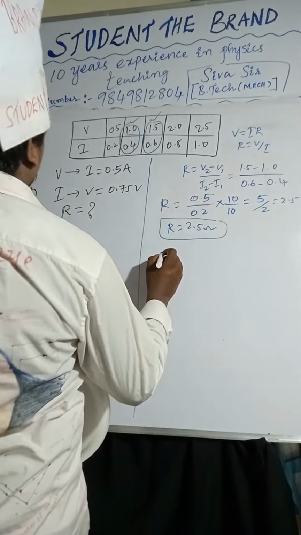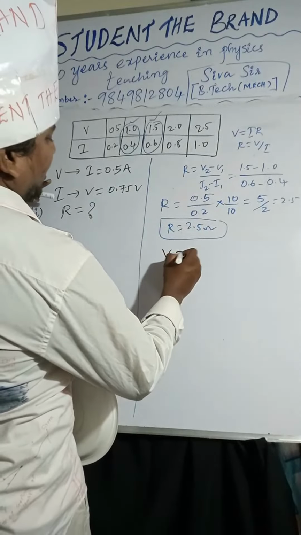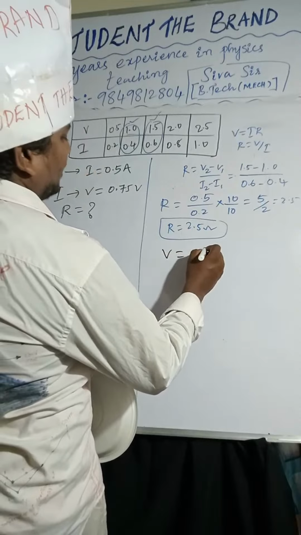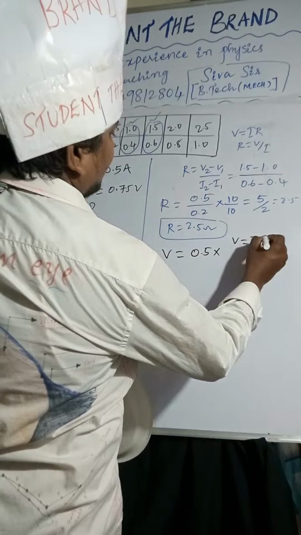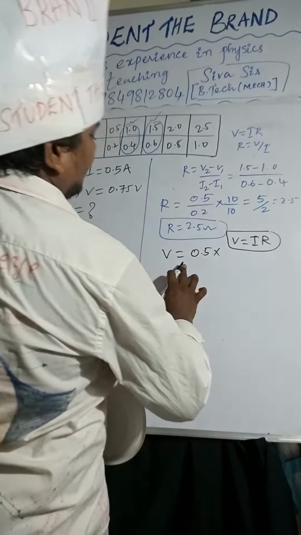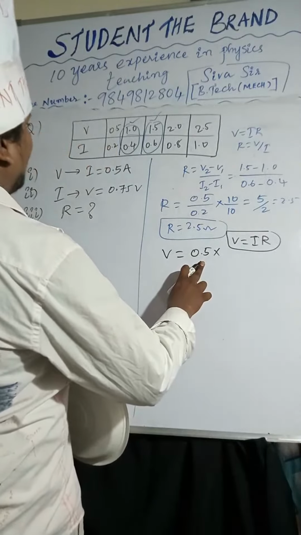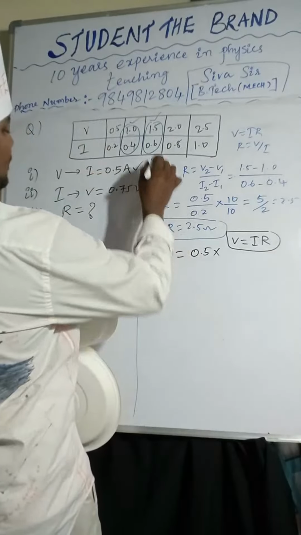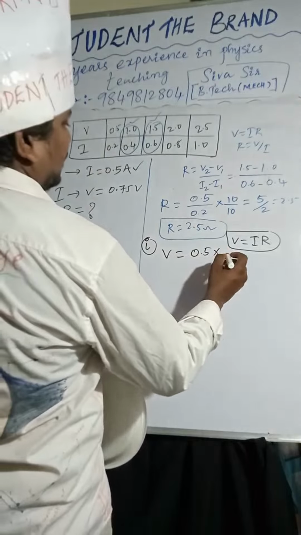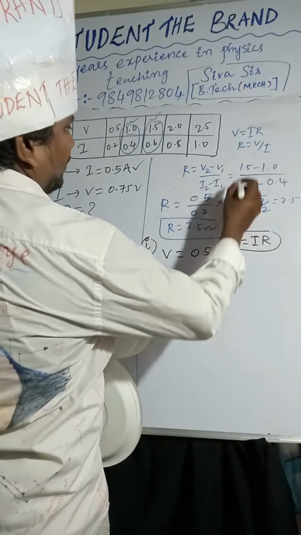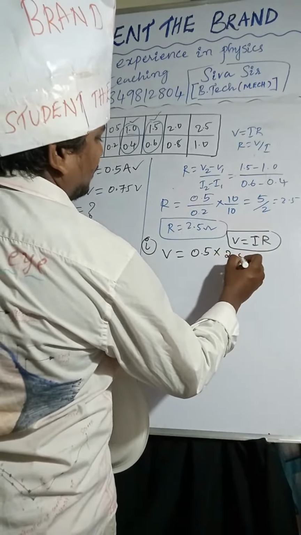We have to find out the potential difference V. I is given as 0.5. So V equals IR. From this formula, I value is 0.5, multiplied by the R value, which is 2.5. How much will you get?